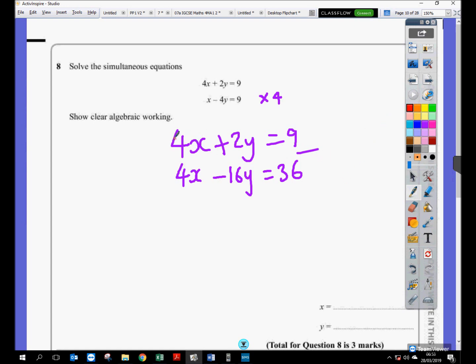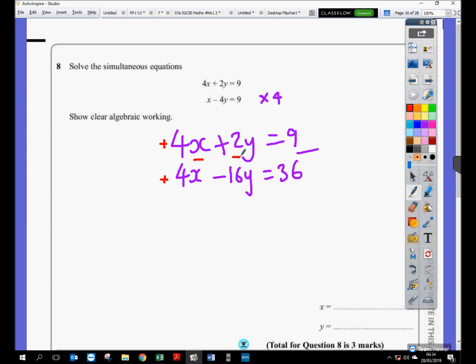Now, when the signs are the same, you subtract. But you may look at these signs and think, well, they're different, but actually you're looking at the wrong signs. Because we chose to make the x's the same, we need to look at the signs of the x's and they're both positive. That's the only way the x's will disappear if you subtract them. So 4x minus 4x cancels, bye-bye.